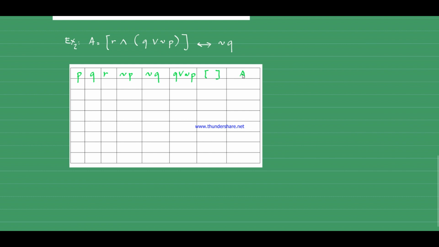Then finally we have statement A. The bracket statement over here is the N.